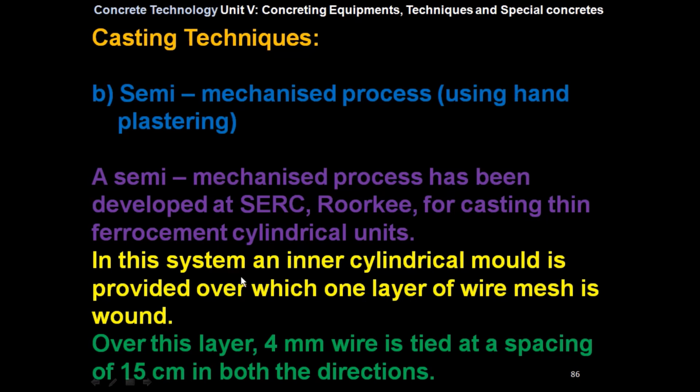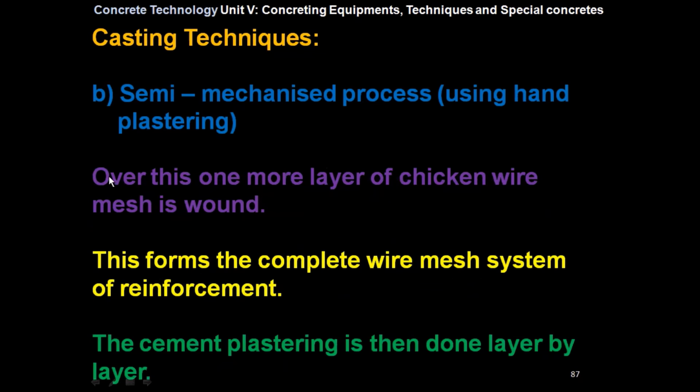In this system, an inner cylindrical mold is provided over which one layer of wire mesh is wound. Over this layer, 4 mm wire is tied at a spacing of 15 cm in both the directions. Over this, one more layer of chicken wire mesh is wound. This forms the complete wire mesh system of reinforcement.